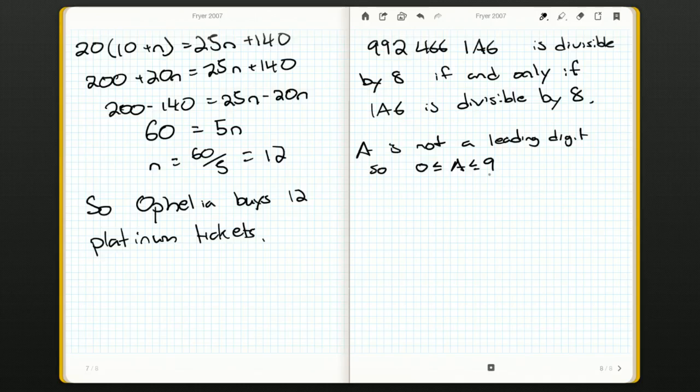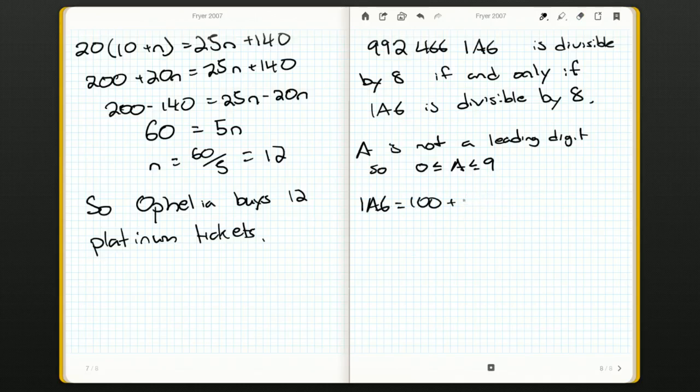So we have to ask ourselves, how do we check whether or not this is divisible by 8? Well, 1A6 is the same as 100 plus A times 10. I guess I should rewrite that as 10A. We're just expanding this out based on the rules of decimal notation.